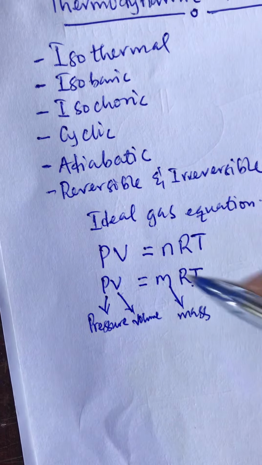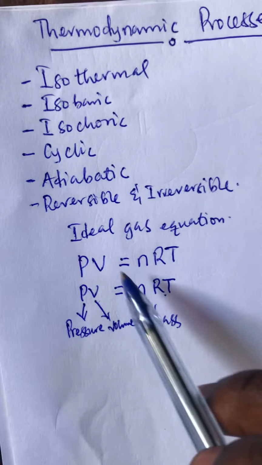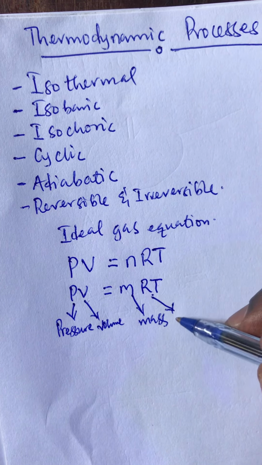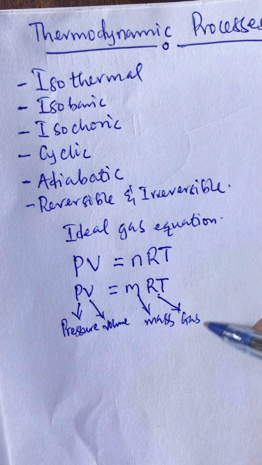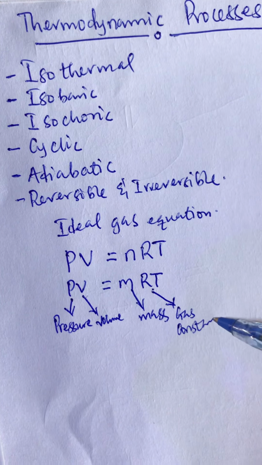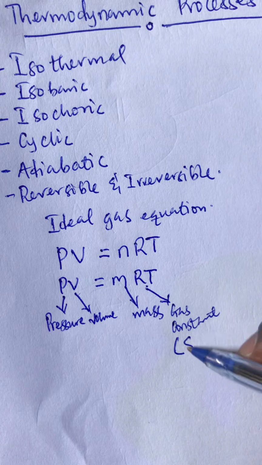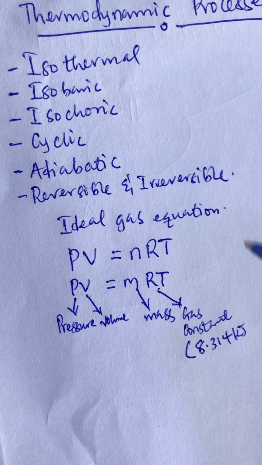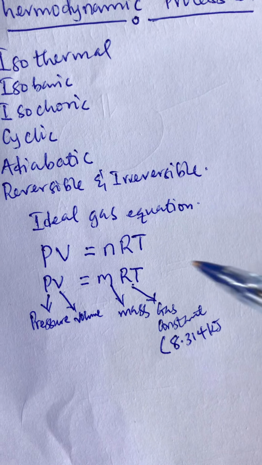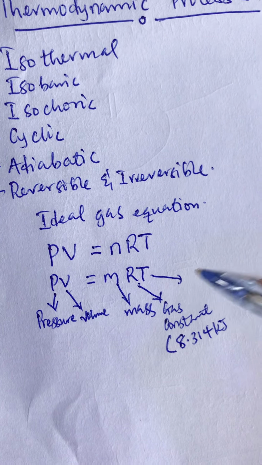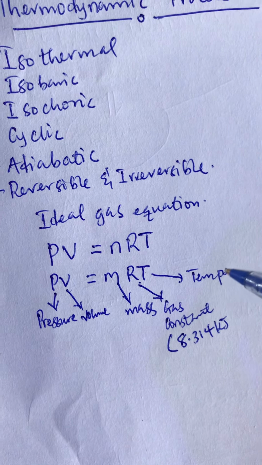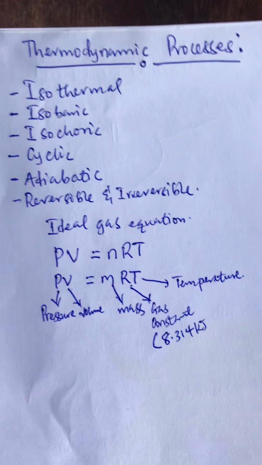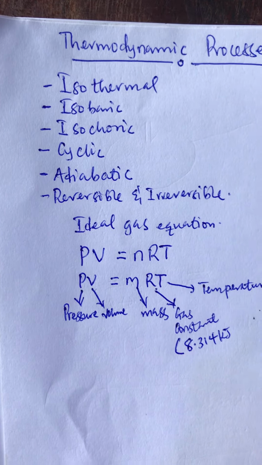This equation applies only to gases, so that is why it's called the ideal gas equation. R is the gas constant, which is 8.314 kilojoules per mole. Then we have T, which is the temperature. So that is the ideal gas equation. When you're looking at these processes, we make use of that.